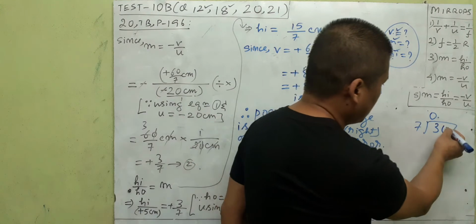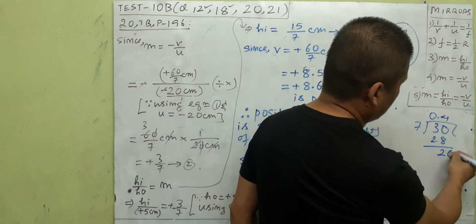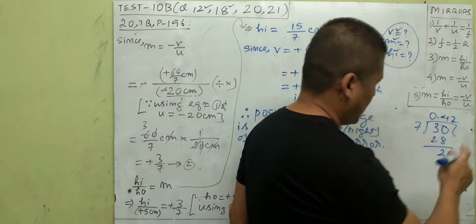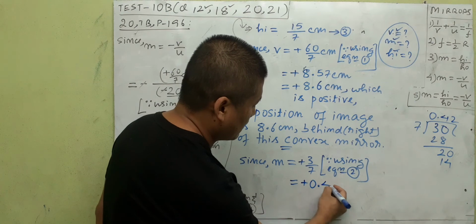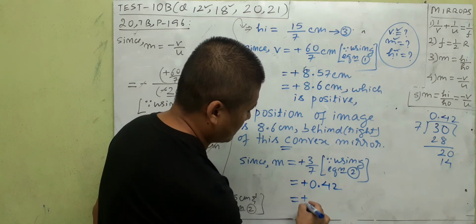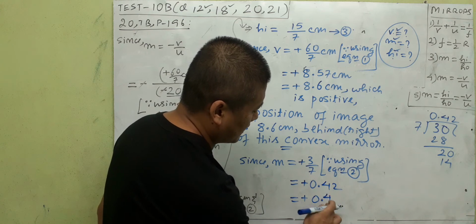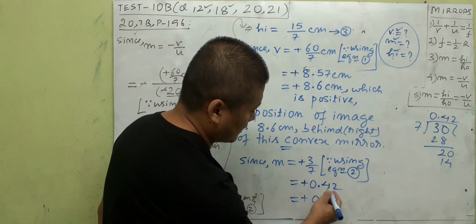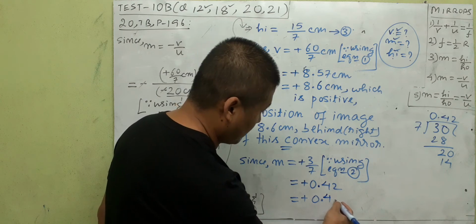So 30, 4 7s are 28, 2 in hand, 0, 7 2s are, up to that is enough. So here, plus 0.42, which is approximately what your textbook is doing. If the second decimal place is less than 5, the first place of decimal, the digits on the right of the point, will not change. So this is the M value.